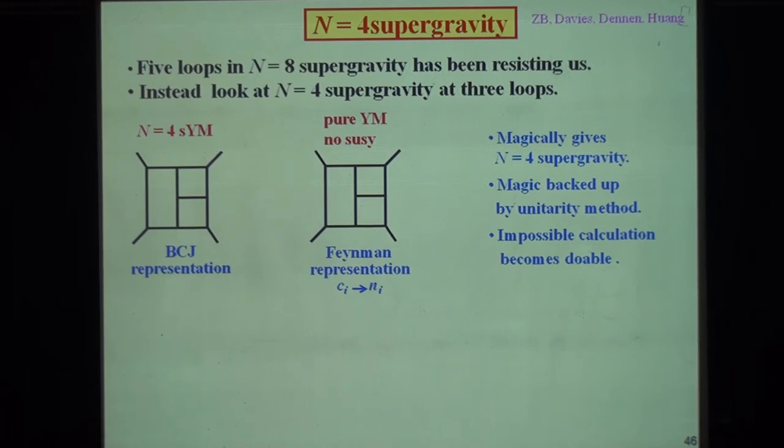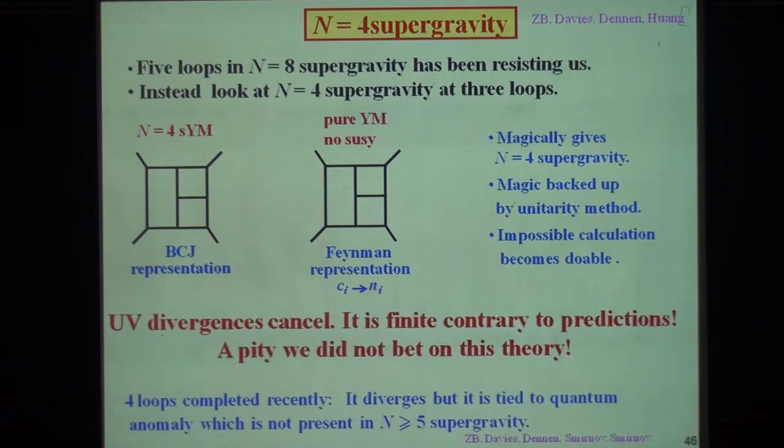Now, this magic is actually backed up by formalism, this unitarity method, that ensures that the construction is correct, because we don't actually know a theorem that tells us we can do this. It's just a conjecture, but then we have a direct method of checking any construction. And with this, what's an impossible calculation, the 10 to the 20th and beyond, is completely doable.